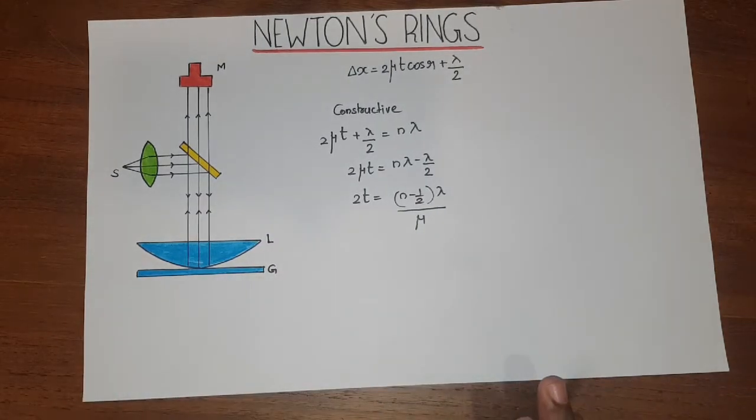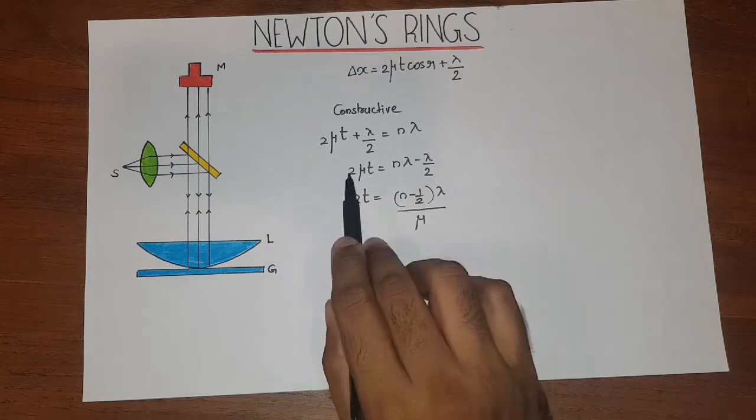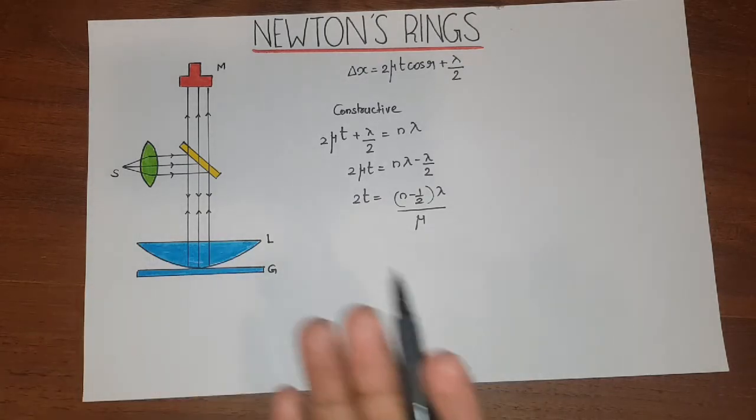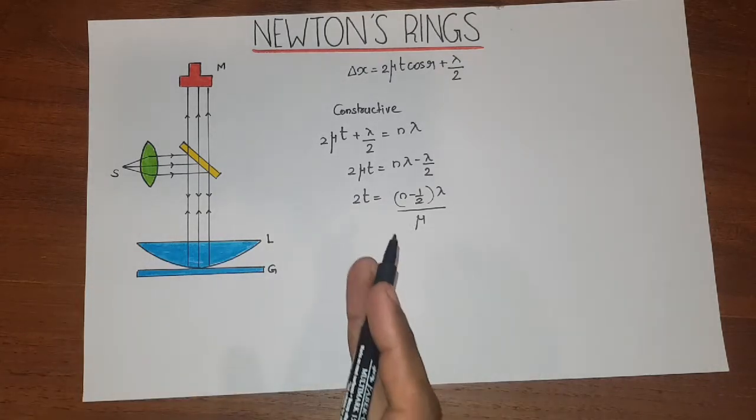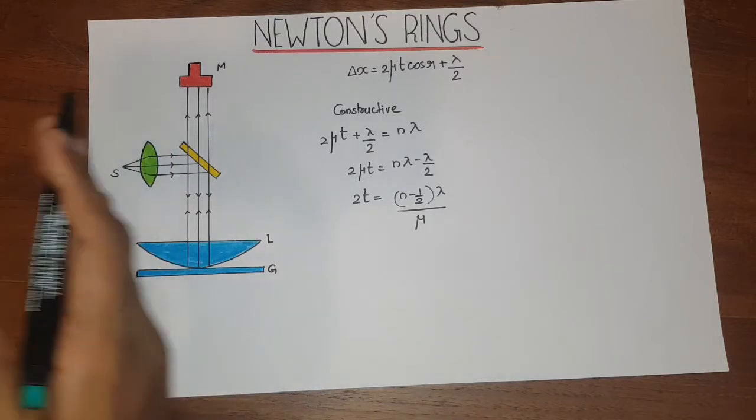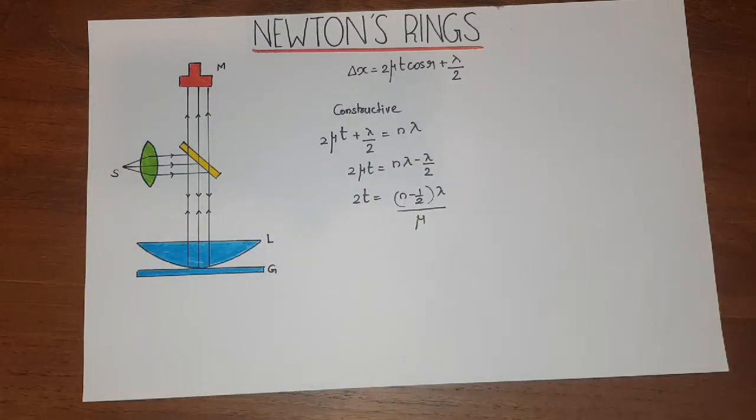Earlier in the air wedge case, what we did was we linked the thickness to the x value. So instead of using thickness in the equation, in the case of air wedge, we substituted the x value, that is the distance from one end of the glass plate to the point where we are observing the fringe, so that that value can be directly measured by using the traveling microscope.